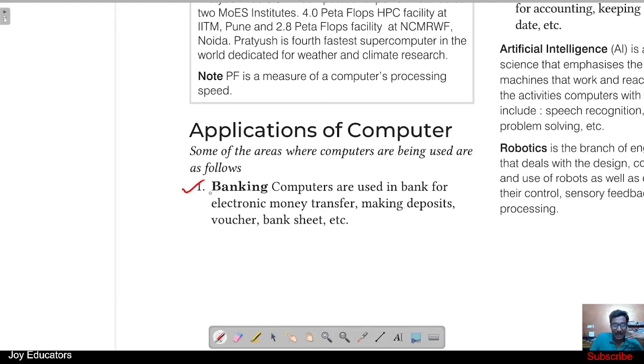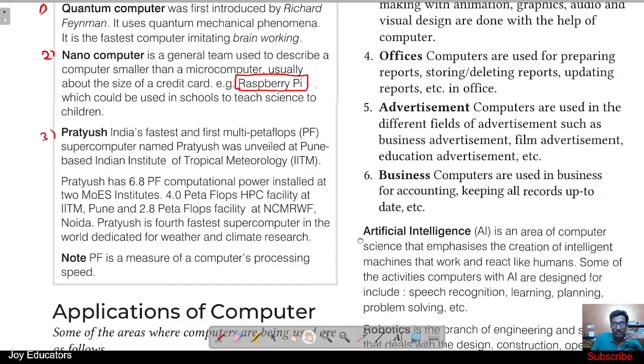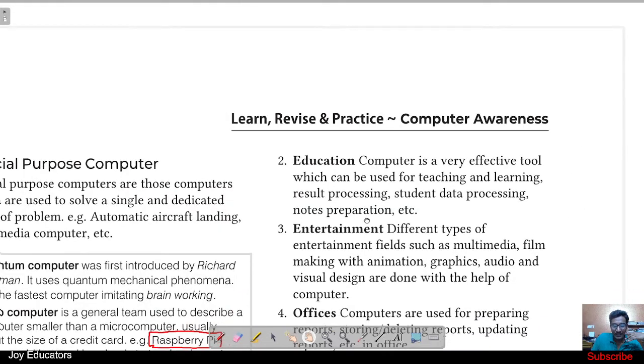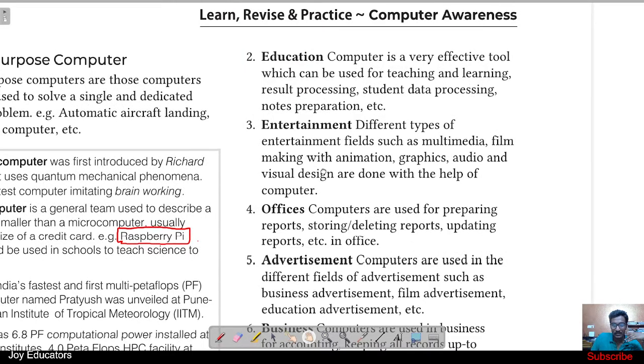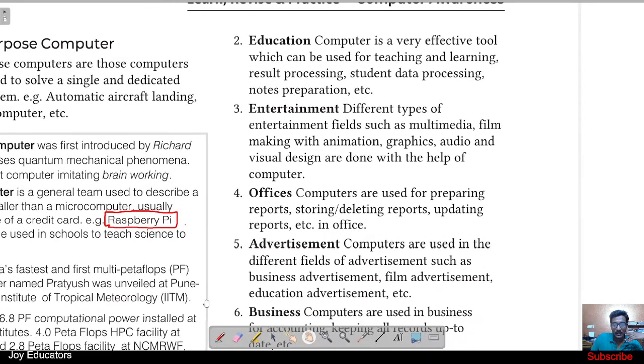You can use it in the banking sector to transfer money or make deposits. We can also use it for education. In schools or colleges, once we go to college, they enroll us, right? For teaching and learning, right now we are using e-courses, like Coursera.